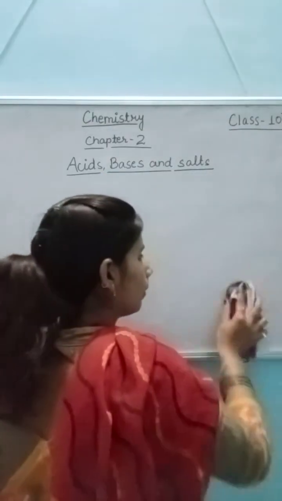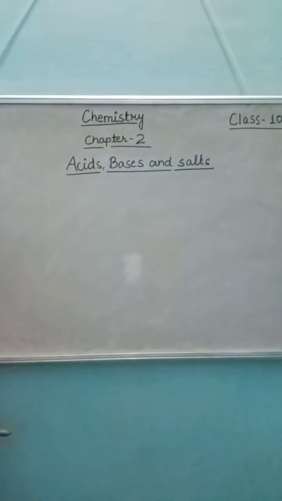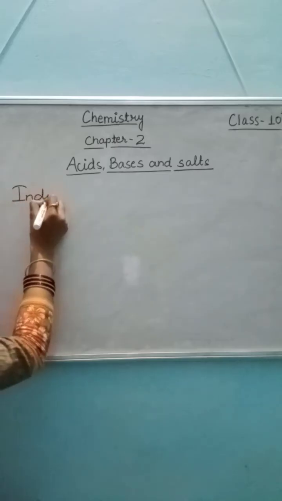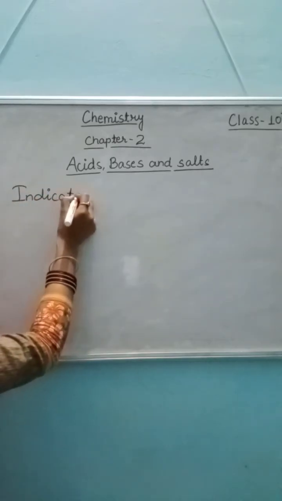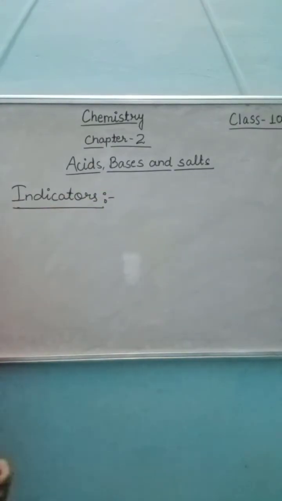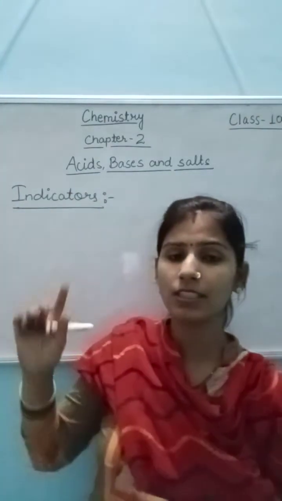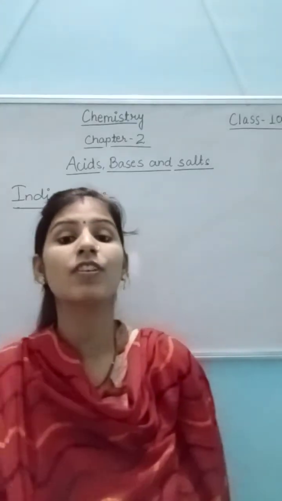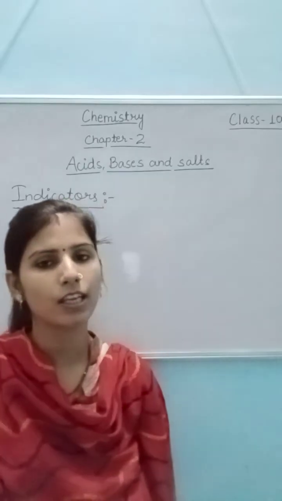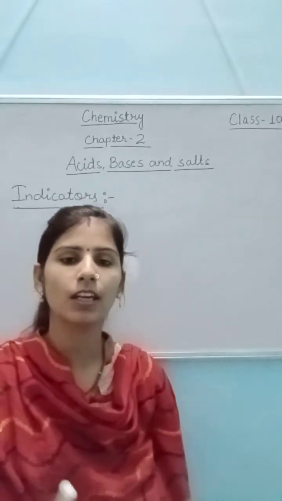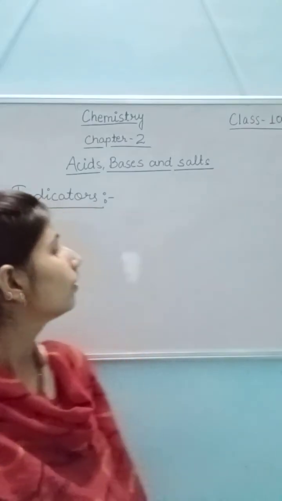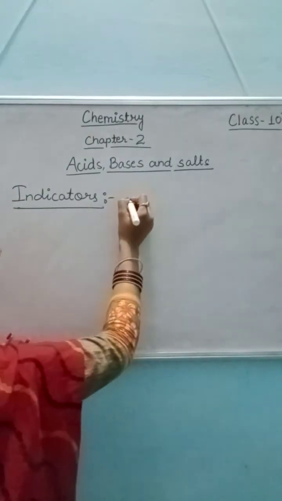Now see more about indicators. What are indicators? As the name suggests, indicators indicate whether substances are acid or base by changing their color or smell. Indicators are of three types.